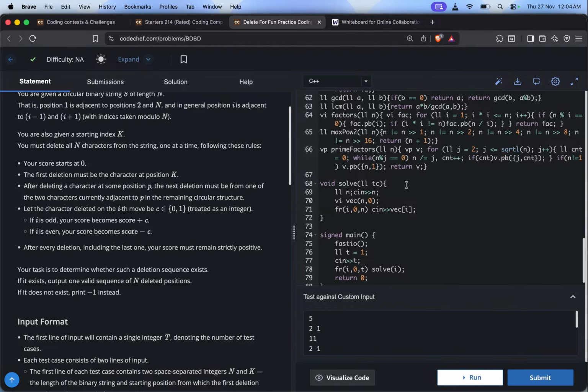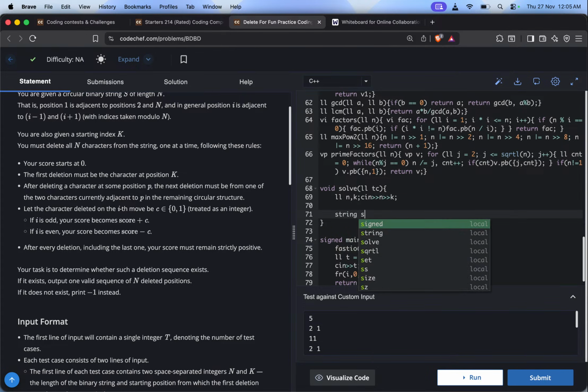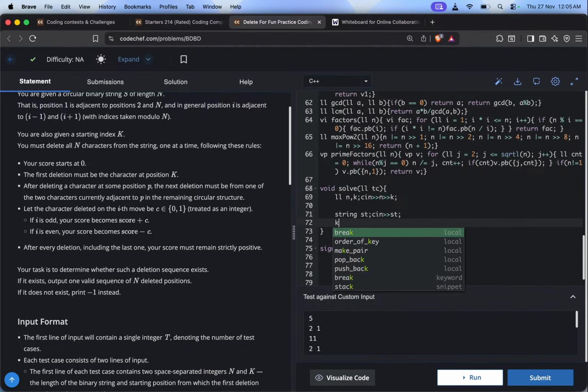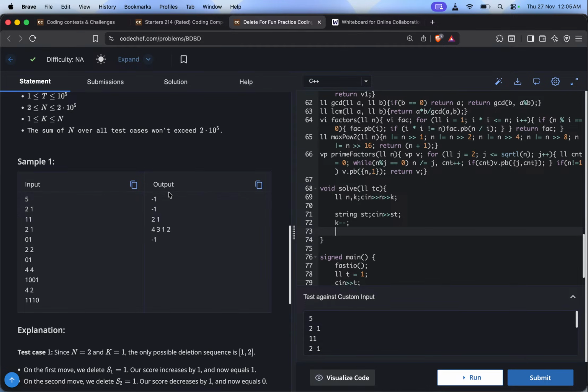So we have n and k, size and starting point. We took the string as input. Now just subtract 1 from k because our ordering will be 0-based.